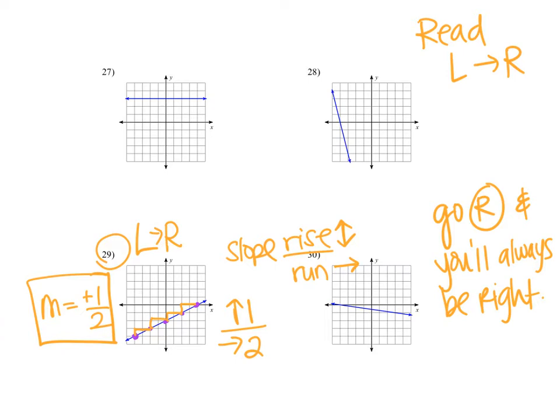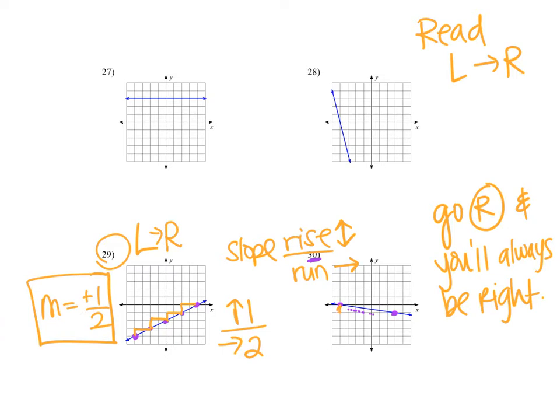Now in the next one, let's say number 30, I'm going to pick my points again. So that one, there's nothing over here, but this would be my next one. Okay, great. So I'm going to go down 1 and to the right. How many? Okay, let's count that again.